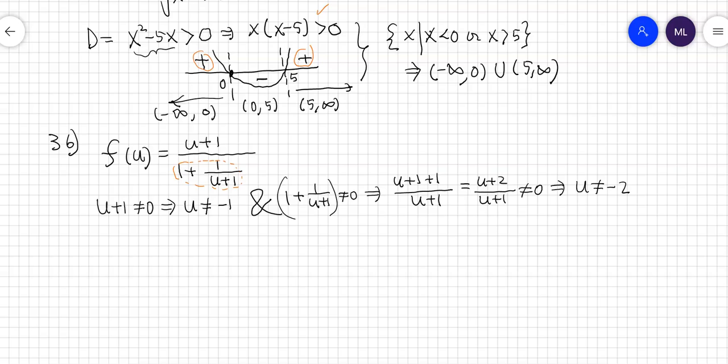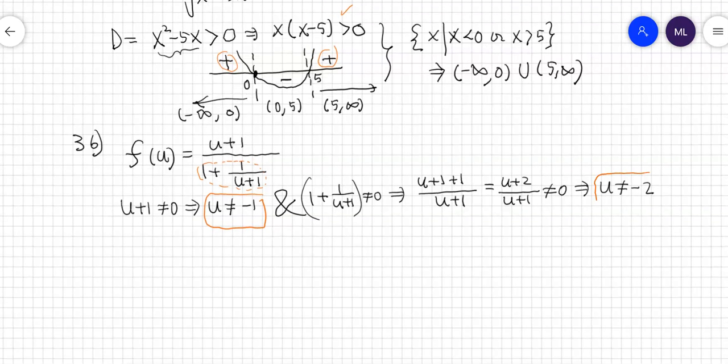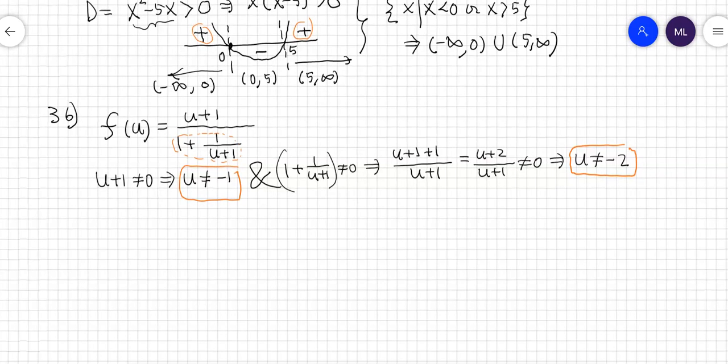So you have u cannot be negative 1, and u cannot be negative 2, right? So if I draw a number line, this is negative 2, this is negative 1.